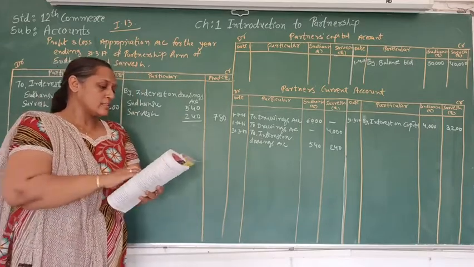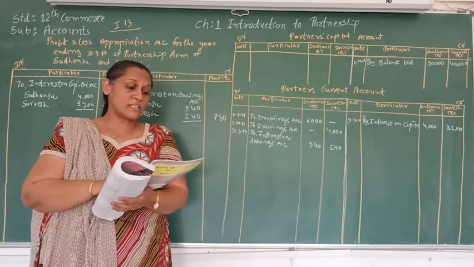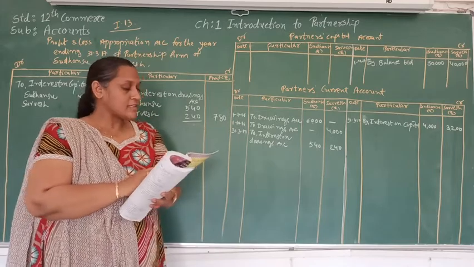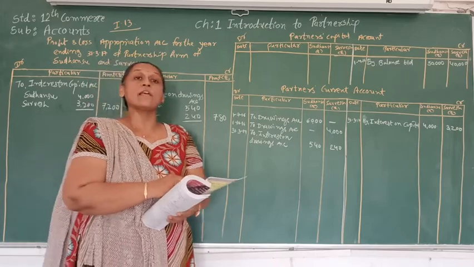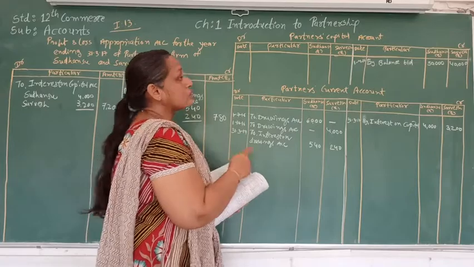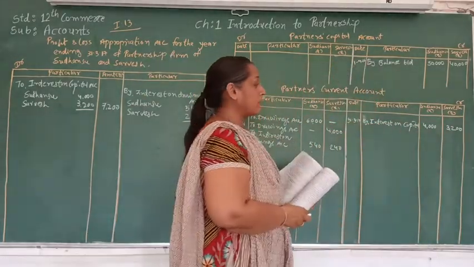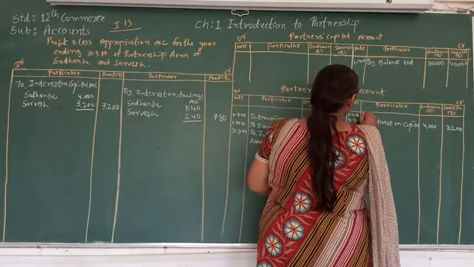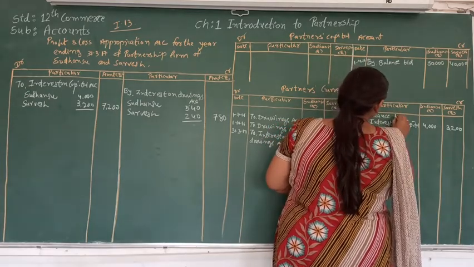Now, after charging interest, the next thing given to us is that on 1/4/16 the balance in current account of partners is 3,000 credit balance and 2,000 debit balance respectively for Sudhanshu and Sarvesh. So here the word respectively is used. That means for Sudhanshu it will be credit balance. So credit balance of current account is supposed to be written on the credit side of the current account. So then we will write on 1/4/16 by balance brought down.